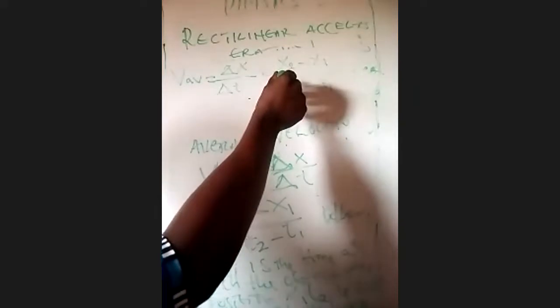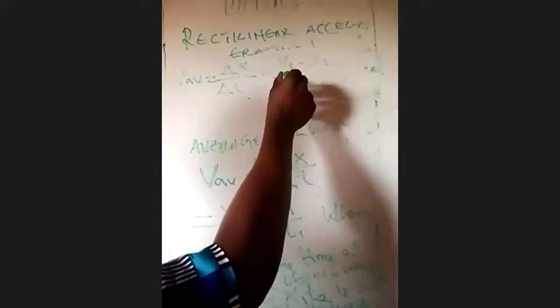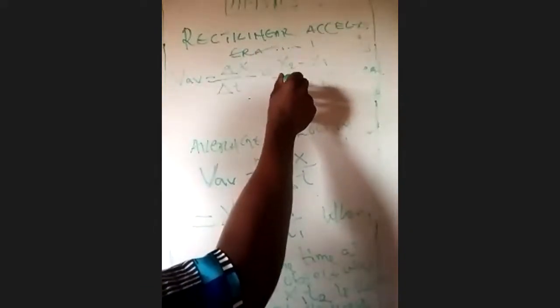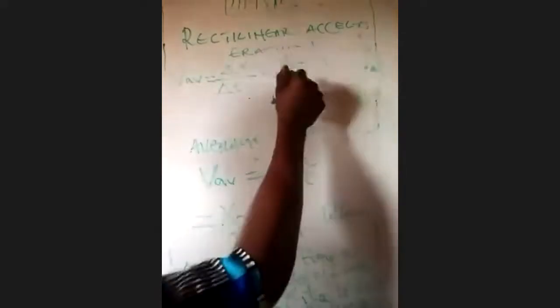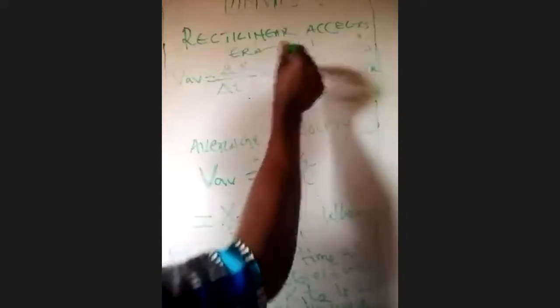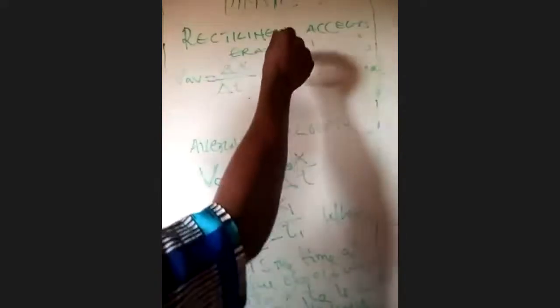And T2 is also the time at which the object was at position S2. This is the position, and this is the position. This was standing between.